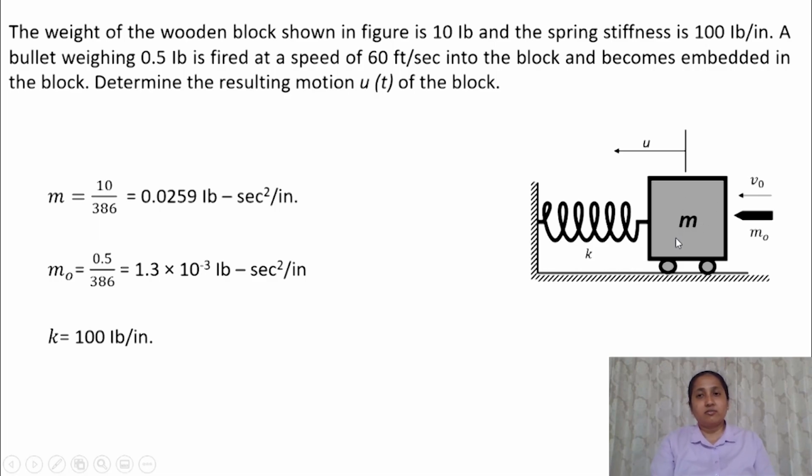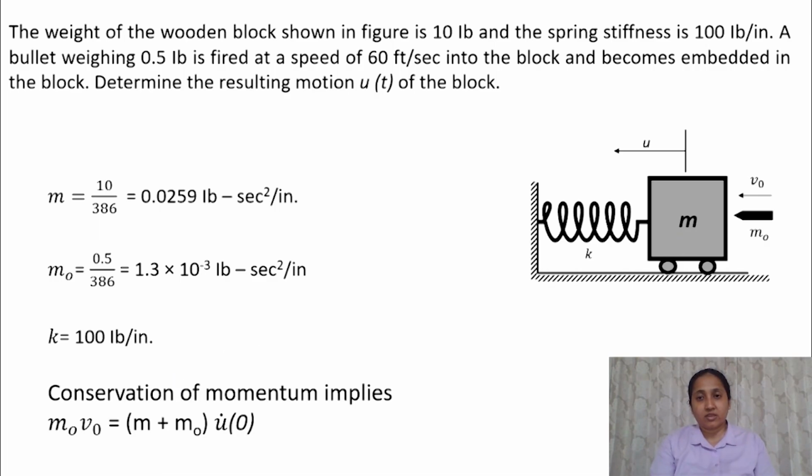So how will we calculate it? We can do that using the conservation of momentum. The momentum of the system before and after the impact should be the same. Before the impact, only the bullet was moving with some velocity v naught, so the momentum is equal to m naught v naught, and that should be equal to the momentum after impact.